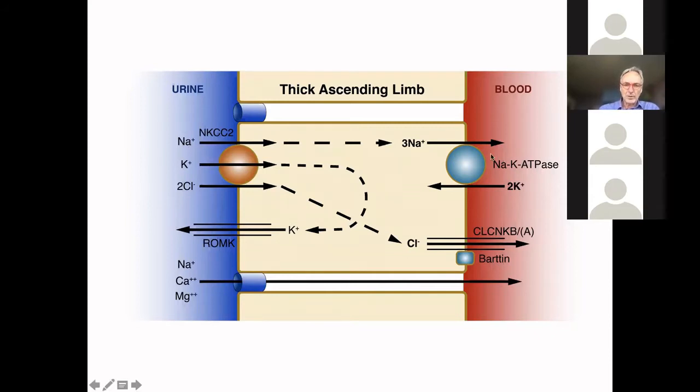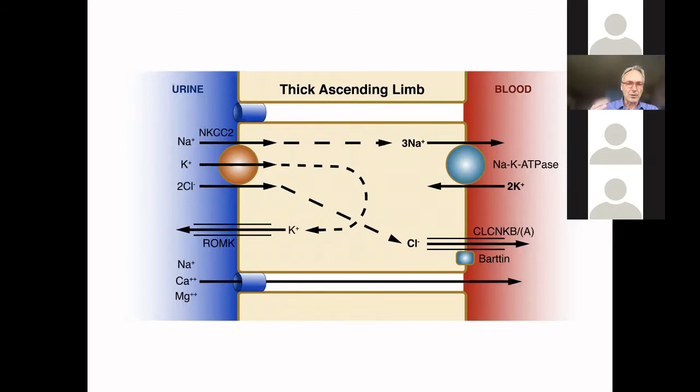The sodium leaves, of course, here through the sodium potassium ATPase. And this transporter is the one that you inhibit with loop diuretics. And this is why you can conceptualize Bartter syndrome, or antenatal Bartter syndrome at least, as being on a maximum infusion of a loop diuretic.